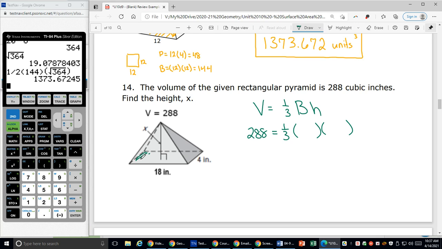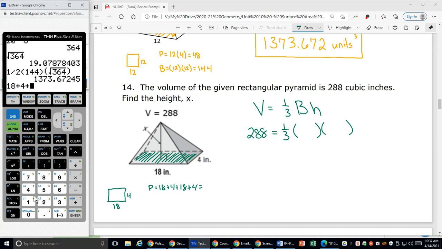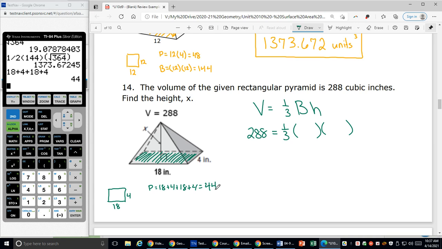If I look at this base, it's a rectangular pyramid, so it's a rectangular base. That's 18 by 4. So my perimeter would be 18 plus 4 plus 18 plus 4, which is 44. And notice I'm not going to need the perimeter.